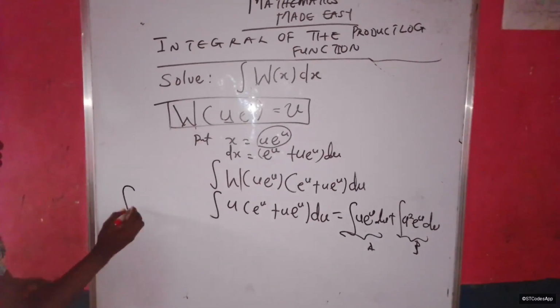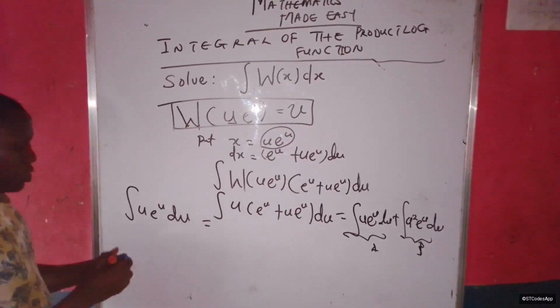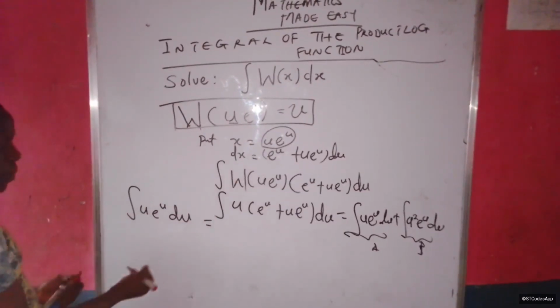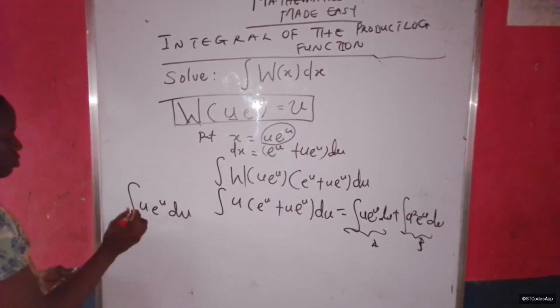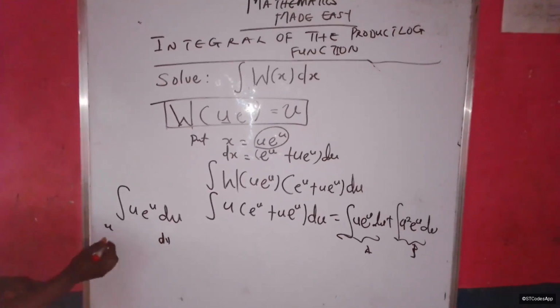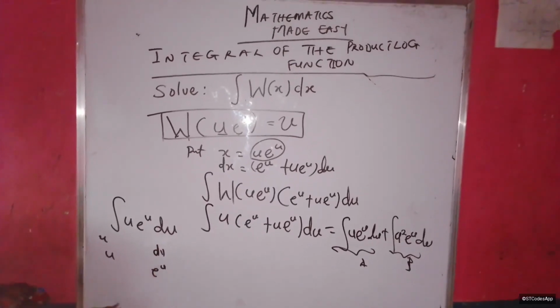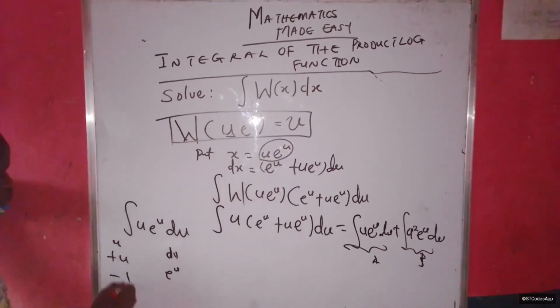Then the integral of u e raised to the power of u du. How can we solve this? We can use integration by parts. This is our u and our dv is e raised to the power of u. Using plus, minus, plus: if I differentiate u, that will be 1.